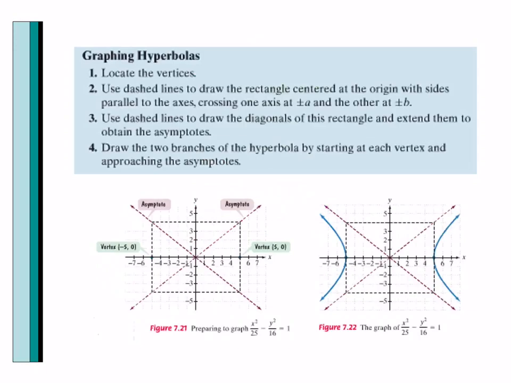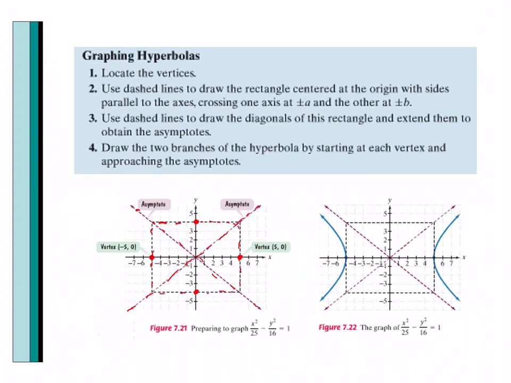All right, so when you're doing a graph, it's a lot like what we did with the ellipses. You do your vertices here, and then you do your b values on the other axis. And then those determine a box. As you can see, they have the box drawn out for you. And then you draw the diagonals of the box.